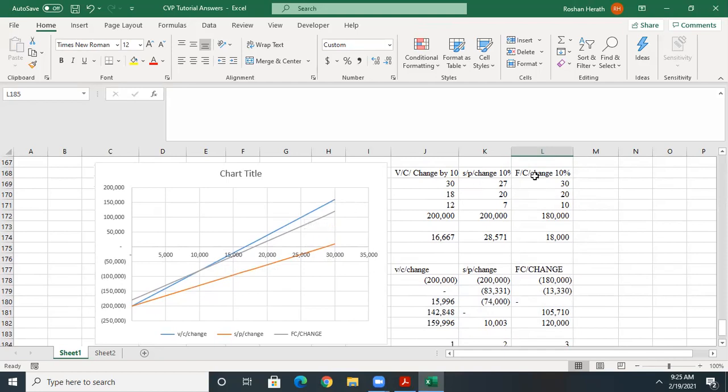If there is a drop in fixed cost, that also increases your profit, but that is not that significant compared to the variable cost. But if you take the sales price drop, it is having an impact on the profit, but that may not be that significant.